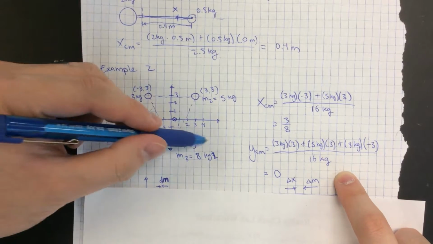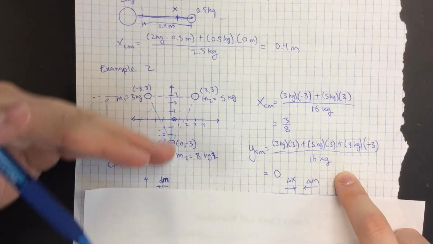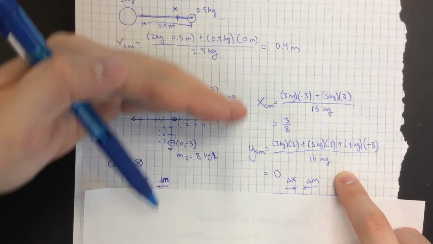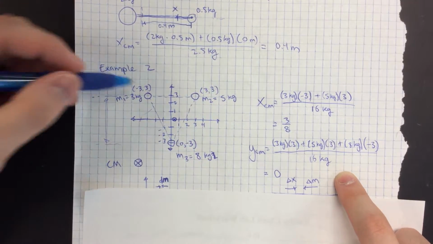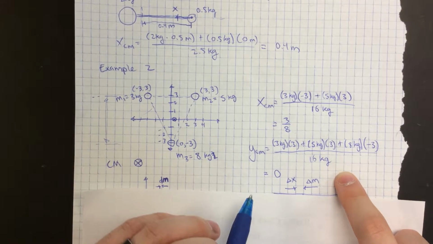On this side, you have 8 kilograms here. So in terms of doing a horizontal line test of where all your masses are distributed, you have the same amount of mass 3 up as you have mass 3 down. And so that's going to be 0.